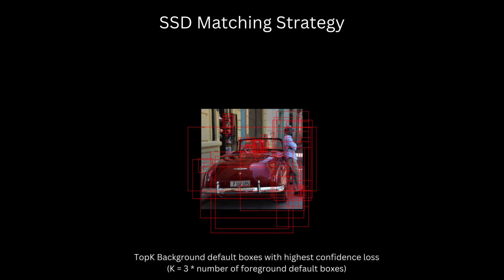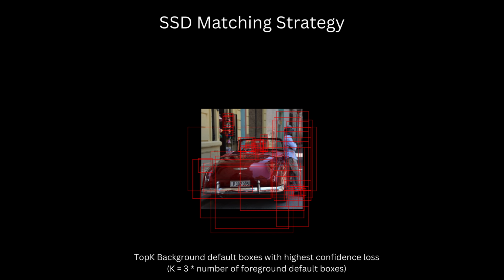They identify all the top K default boxes from this large number of background boxes which have the highest classification or confidence loss, and only pick those for training for background classification and ignore the rest. They use K as 3 times the number of foreground default boxes in implementation. So sort the background boxes according to classification loss in decreasing order and pick only the first K for training.